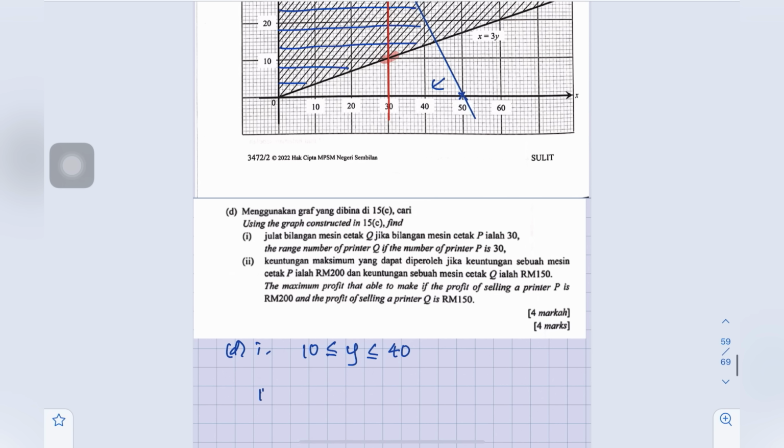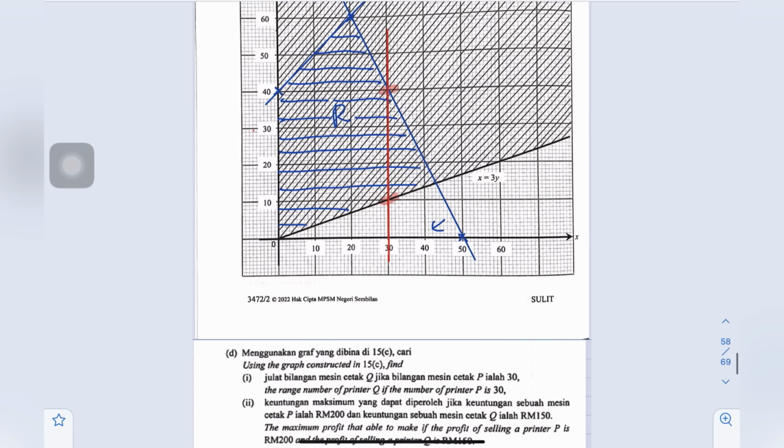Okay, then Roman 2. Find the maximum profit that can be made if the profit of selling a printer P is RM200 and the profit of selling a printer Q is RM150. So profit for X is 200 and for Y is 150.